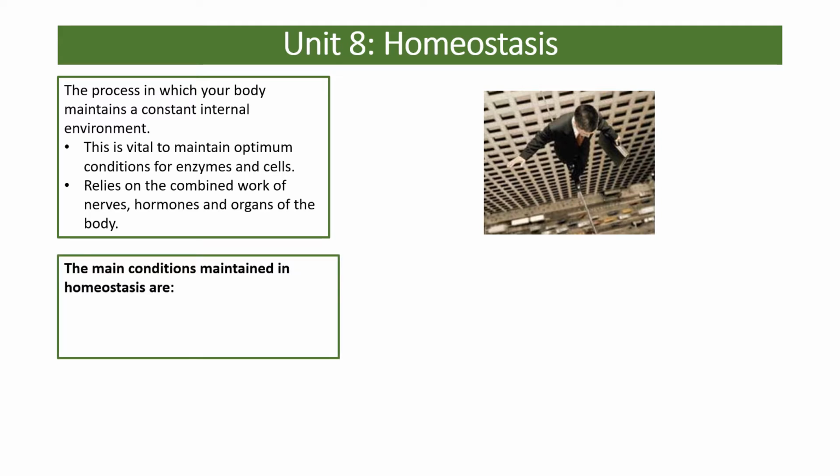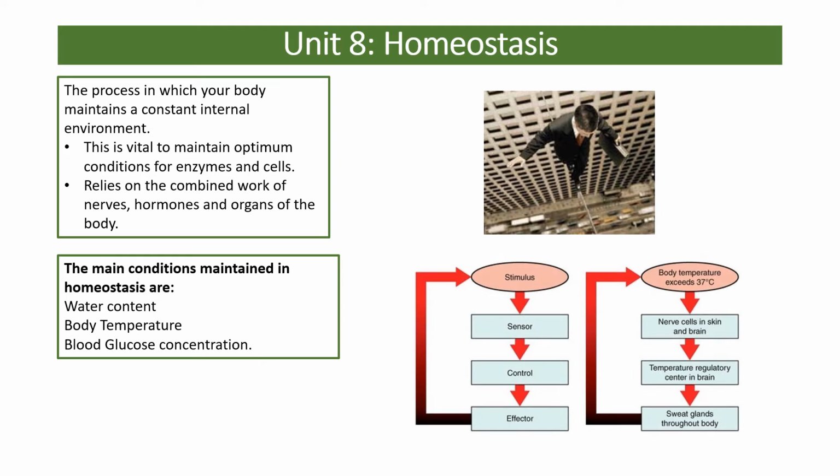The main conditions maintained in homeostasis are water content, which if you do separate science you look at in the next module, body temperature, and blood glucose concentration. Your homeostasis mechanisms involve receptors, which are a set of cells in your sense organs that detect a change in energy levels.